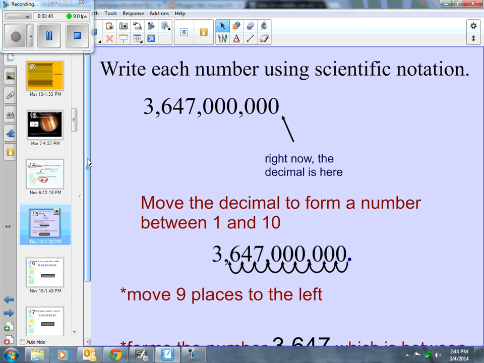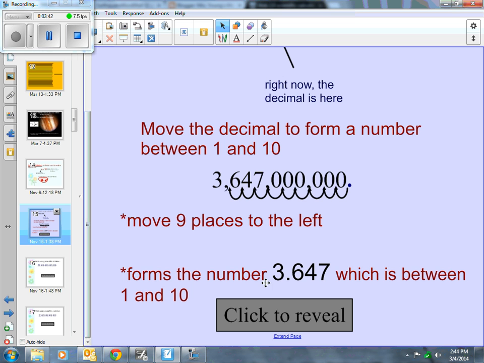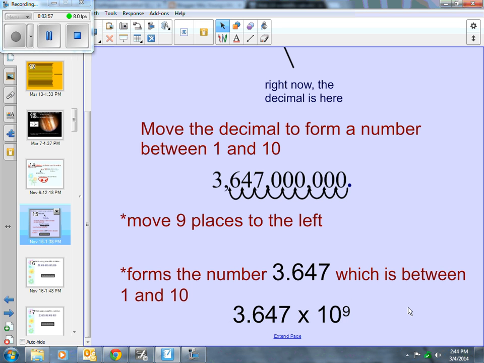From there, it forms the number 3.647, which in my scientific notation formula would be our A. Since we moved it 9 times, that's going to tell me my exponent. So my answer is 3.647 times 10 to the ninth power.